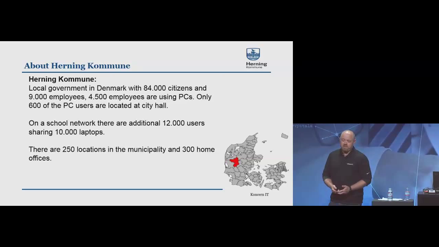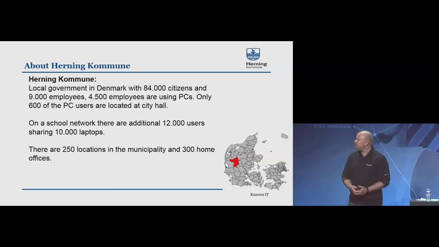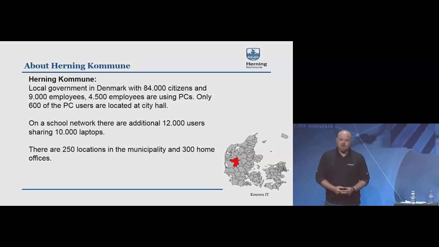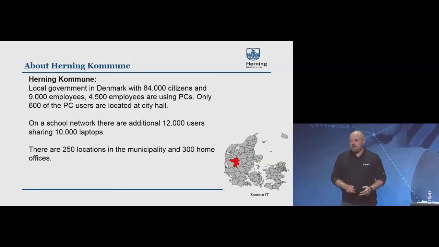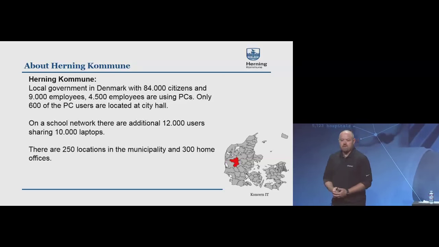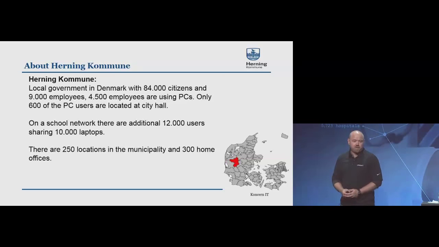I work for a municipality in Denmark. Just to put things in perspective, there are about 5 million people living in the country. We have about 84,000 citizens, 9,000 employees, and about half of them are using PCs.